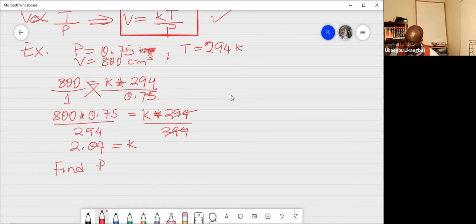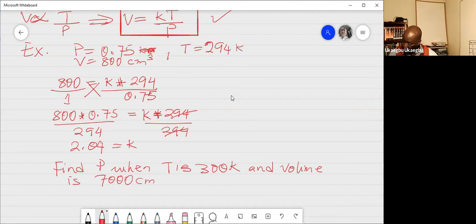Pressure, find P when T is 300 K and volume is 7,000 cubic centimeters. You see, that's what they want.